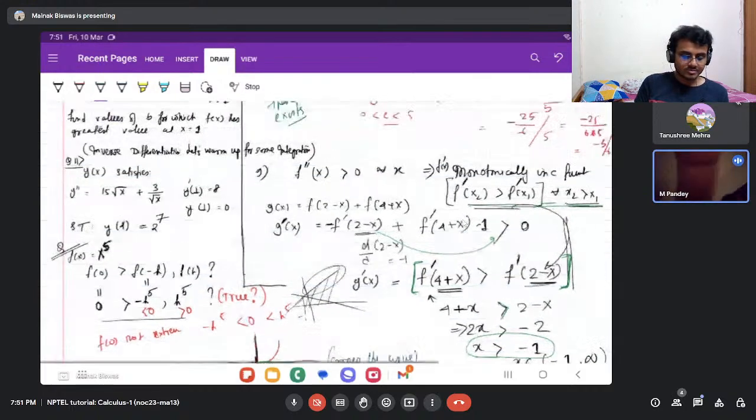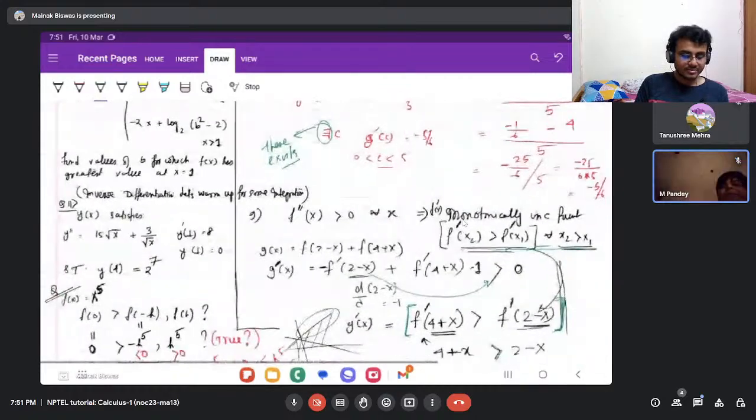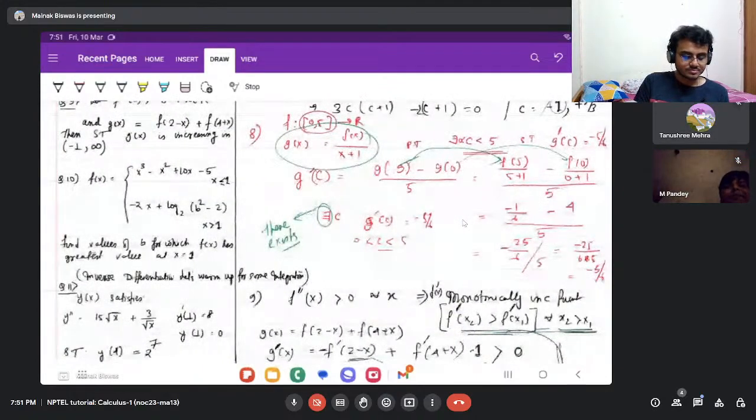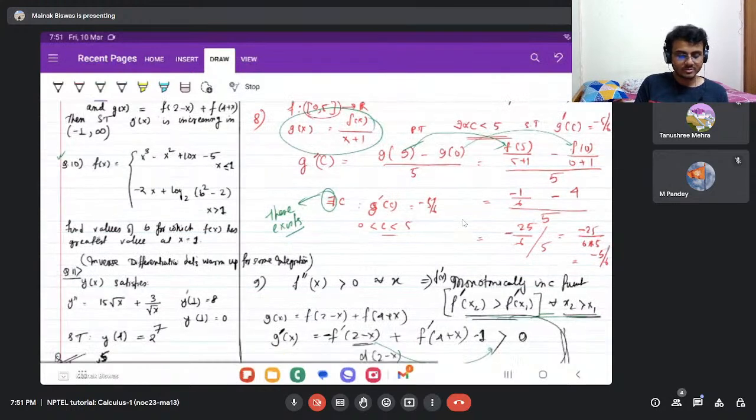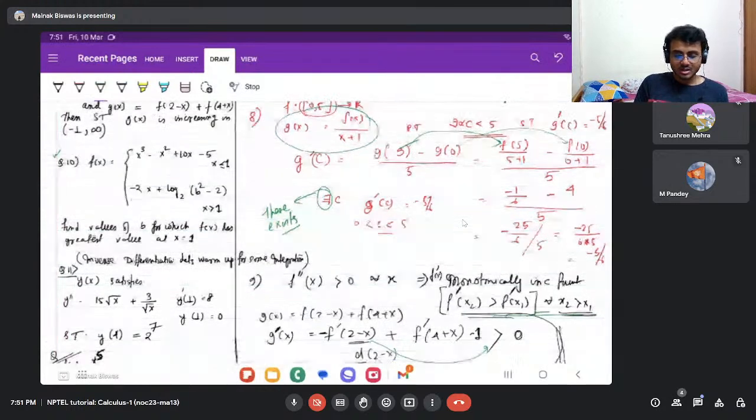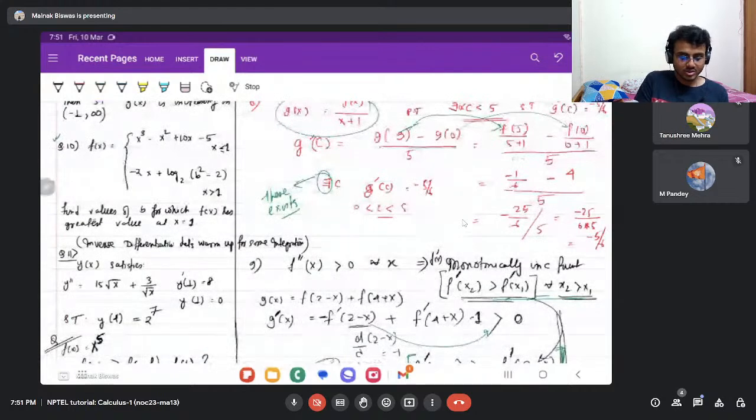Understood. Okay. Number 10, right? Number 10. So here, for what values of b does f of x have the greatest value at x equal to 1? Let's see. So let's copy this question. We don't have enough space here.